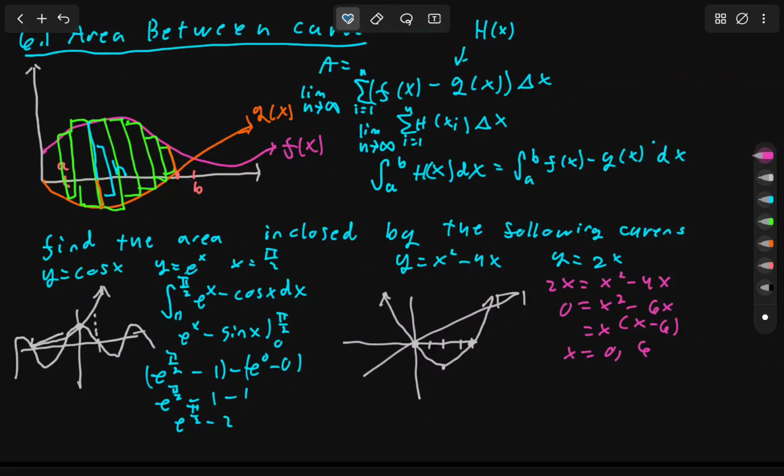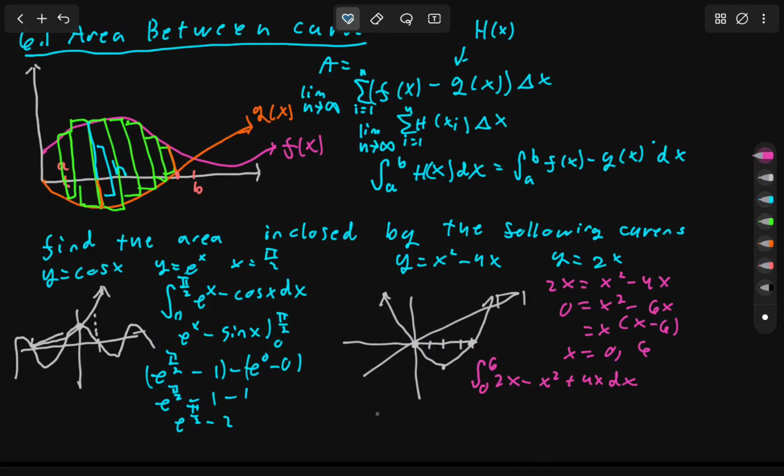Alright, so now we have to take the definite integral. The top curve in this case is going to be 2x, so we get 2x minus x squared plus 4x dx. It's always to your own benefit to do algebra first.